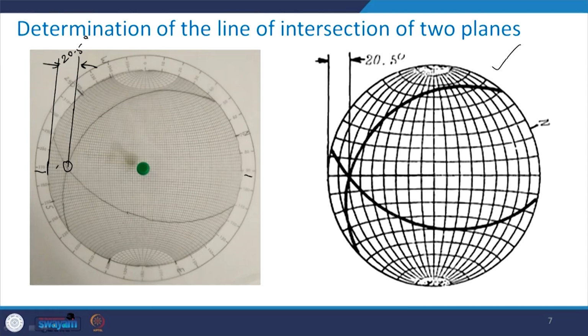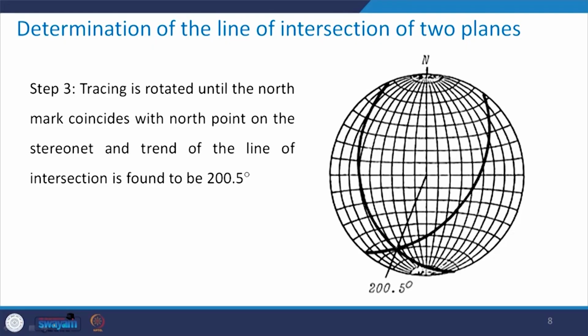Then what we do is, we rotate the tracing back to its original position such that the north of the tracing sheet coincides with the north of the stereo plot. So, you see that this is how it will look like, and then we draw a line from the center joining this point of intersection, that means this line.